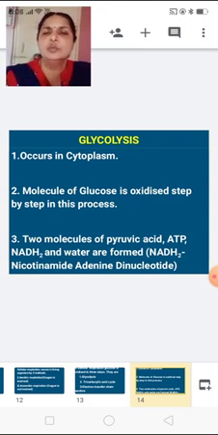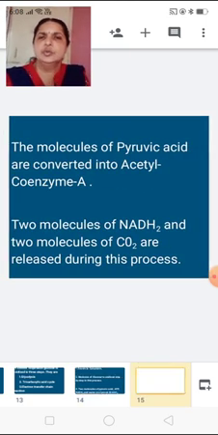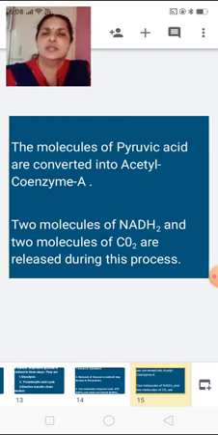So what do you get? Two molecules each of pyruvic acid, ATP, NADH2 (nicotinamide adenine dinucleotide) and water are formed in the first step. These two molecules of pyruvic acid are then converted into acetyl coenzyme A. Then at the end, what will you get?